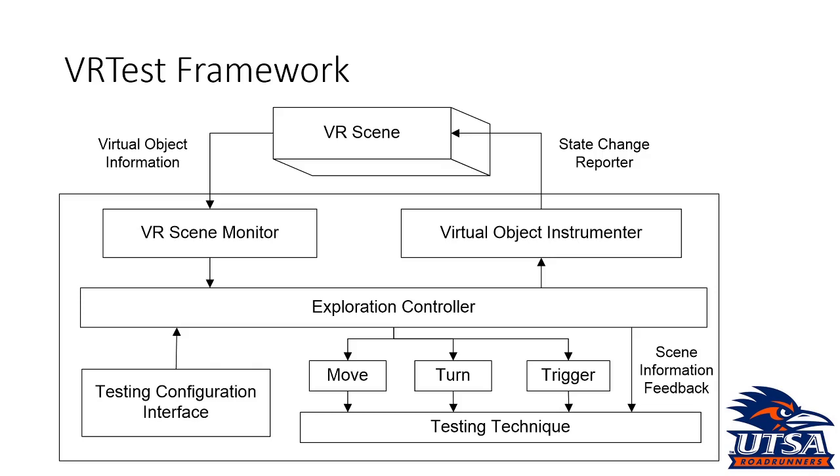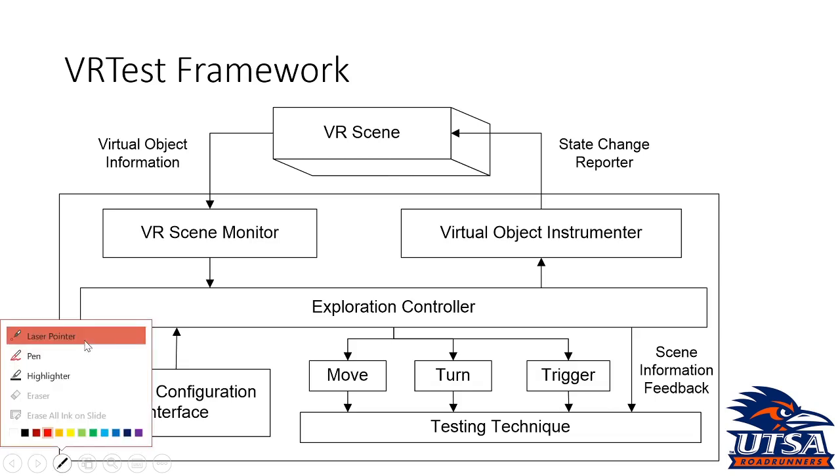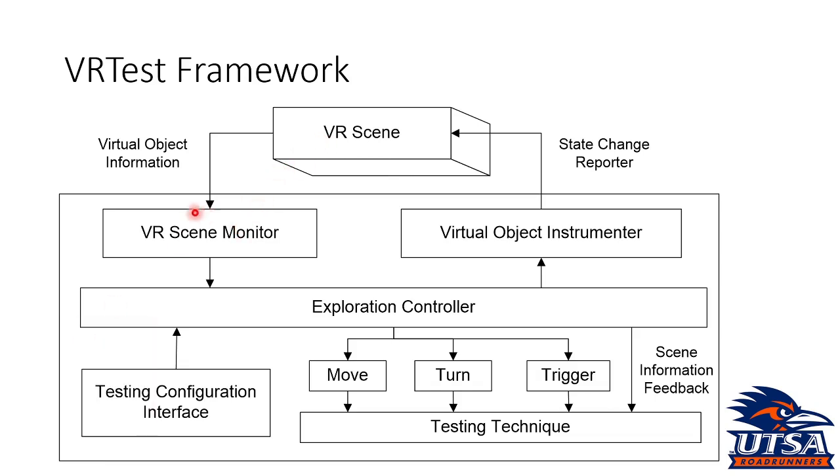In this slide we give an overview of our framework. You can see the VR thing is what we are testing, and we use the VRThing monitor to gather information from the thing. The information is then sent to the exploration controller, which sends out the virtual object instrumenter to instrument the objects inside the thing.